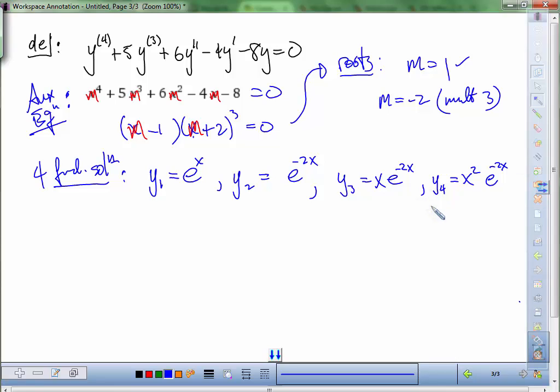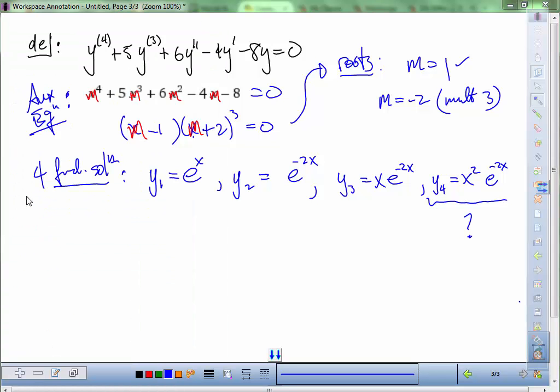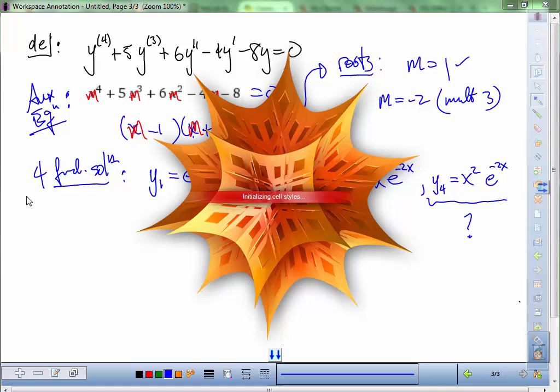Now, if this is still a bit of a question, I think it's worth taking the time to make sure that this is in fact the solution for this differential equation. And we can do that by taking the derivative 4 times and plugging into this differential equation. So let's do that, and instead of me doing that by hand from scratch, I'm just going to punch it out through Mathematica.